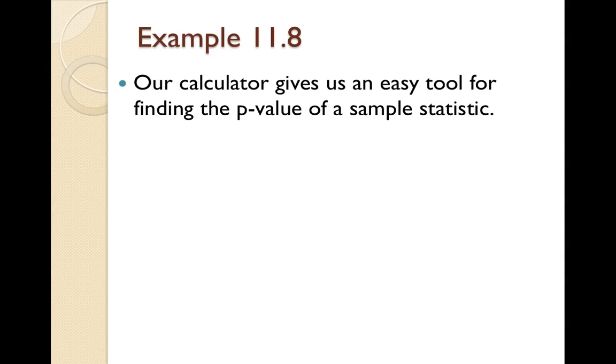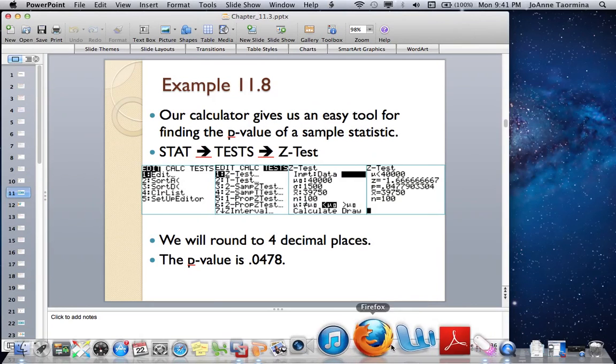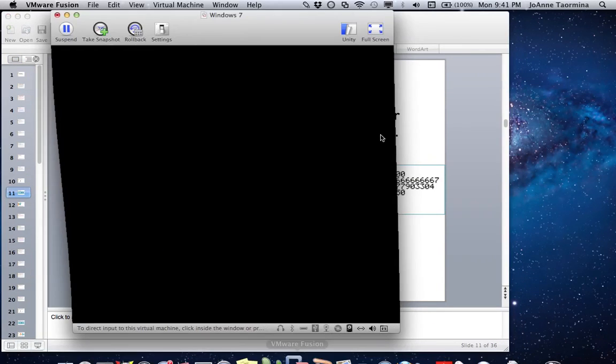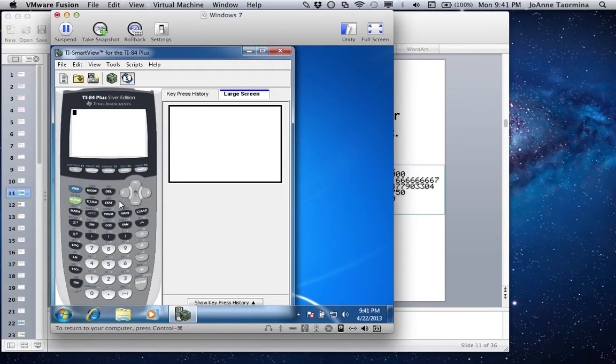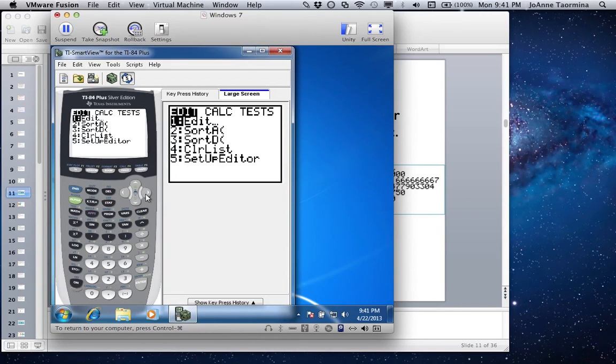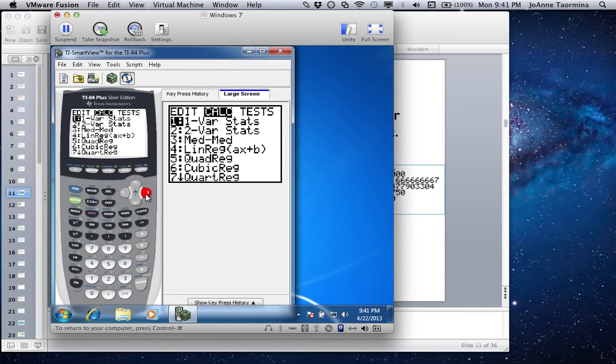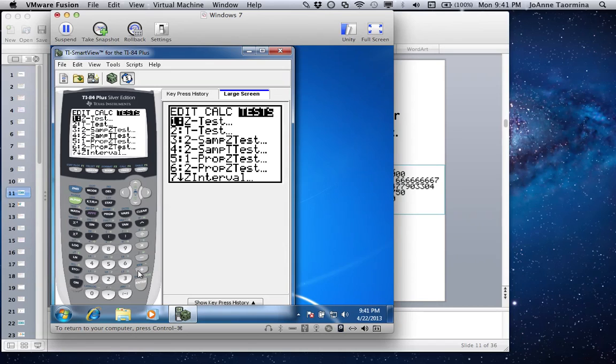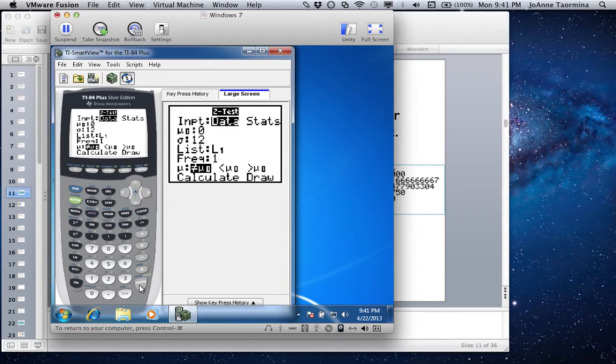We're going to be using a function on the calculator called ZTest. We're going to press stat, tests, and then ZTest. It's in the same location as the confidence intervals. It's number 1, ZTest. At the top, you have an option of pressing data or stats.